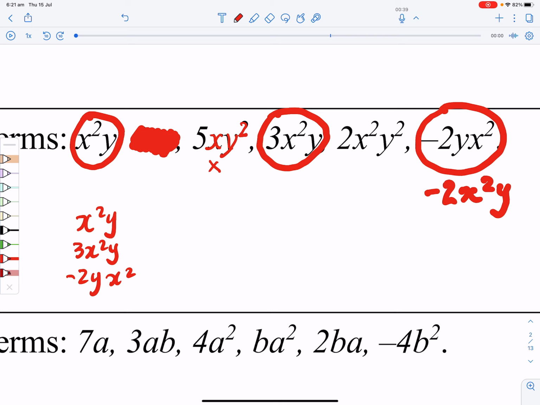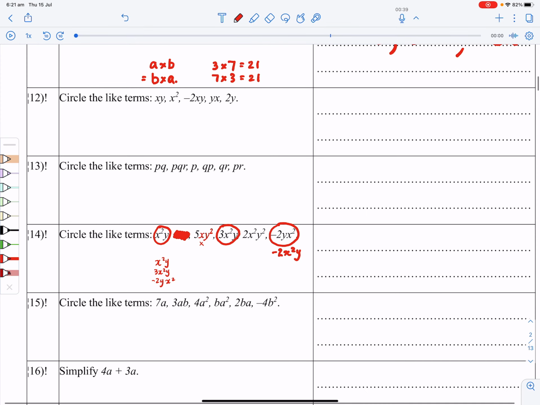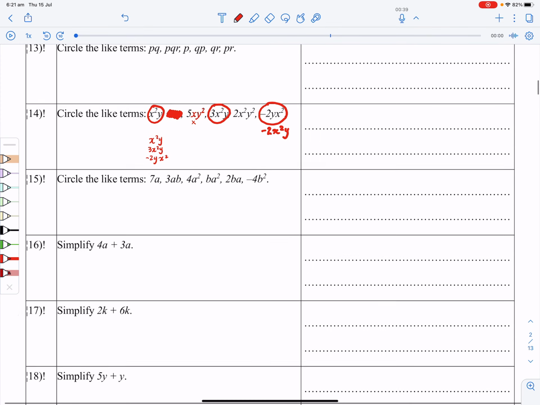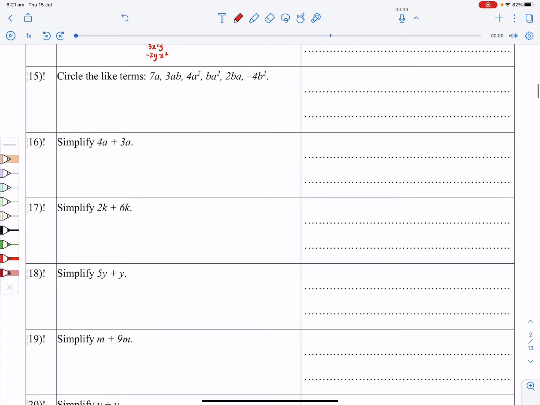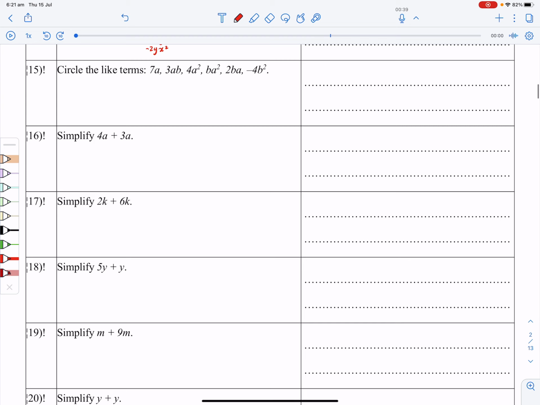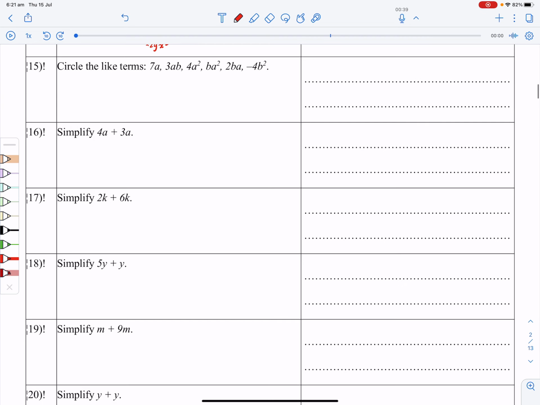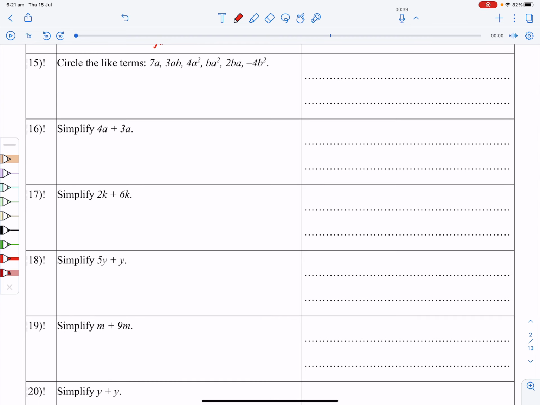Okay, excellent. Now, why are like terms important? Now that we know what like terms are, why are they important? They're important because in algebra we can only add or subtract the like terms. That's why they're important.